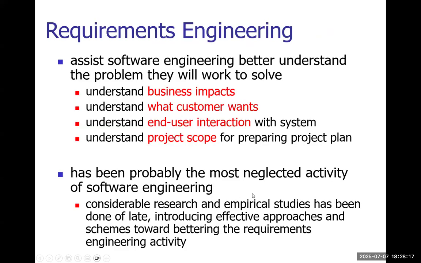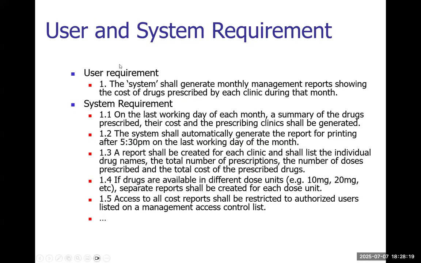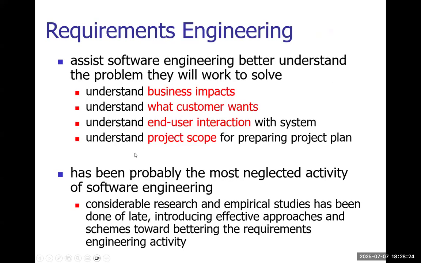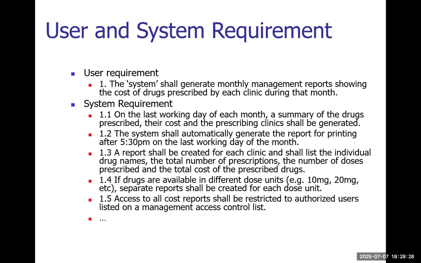Requirement engineering is to actually get from the user requirement to the system requirement. As software engineers, people may take it for granted: just tell me what to do, and then I'm going to do it. In reality, that's not the case.